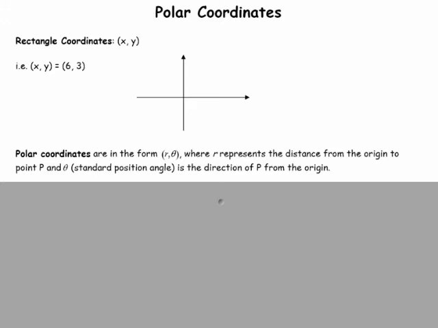So let's just formalize this a bit. Going back to our example of (6, 3) in rectangular coordinates, that's the point here. In terms of polar coordinates, we need to find this angle and this radius. And we can think of the circle being like so.